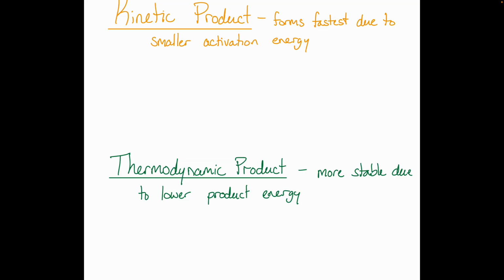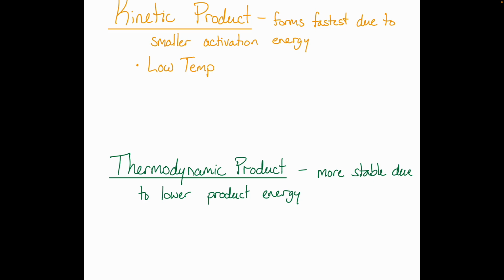So your kinetic product is the one that forms the fastest. Your thermodynamic product is the one that's the more stable. Your kinetic product is what will form at low temperatures.